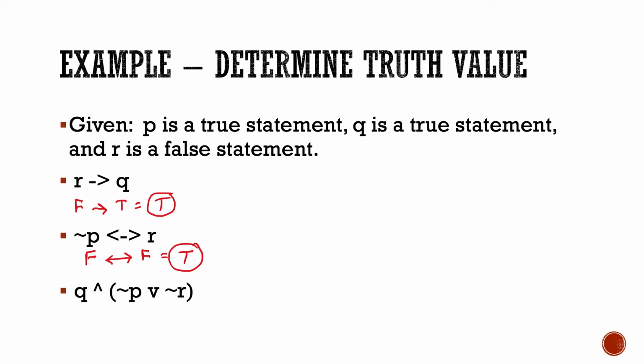And for the last one, we have a parenthesis. So let's deal with what's inside the parenthesis first. I'm going to come up here and just work on the parenthesis part to begin with. The negation of P, remember again that P is true, so the negation will be the opposite, so it will be false. The negation of R: R is false, so the negation will be the opposite, so that'll be true.